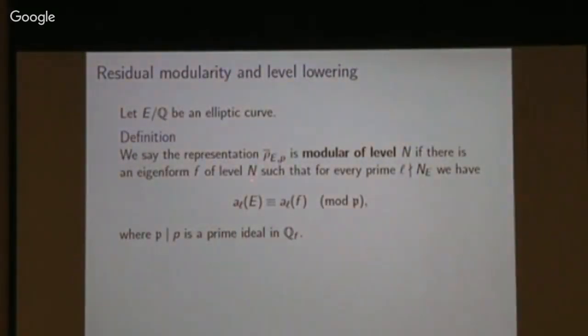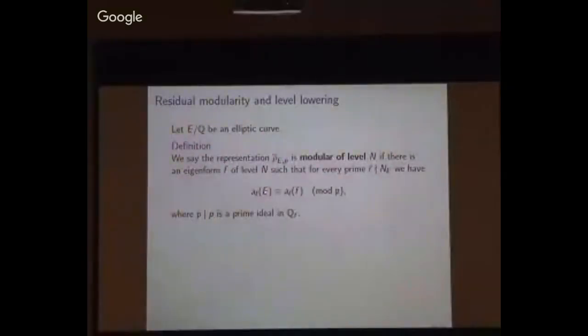And we will say that this mod p Galois representation is modular of level n if there is an eigenform f of level n such that for all primes l not dividing the level and the conductor of the curve, we have that this a_l(E) is congruent to the Fourier coefficient of f at l, modulo some prime ideal which is dividing p in the field of coefficients of f.